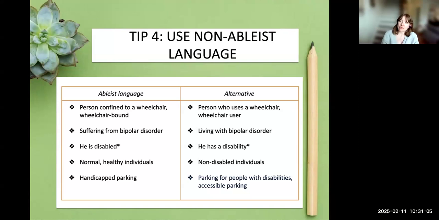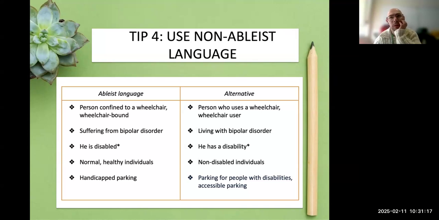I don't know if Matthias, you wanted to speak to any of these examples. Yeah, no, I think you really covered it. Overall, in society, I think it's important to use these types of words because it creates a general understanding of the term. It also helps us be mindful of our audience, right?